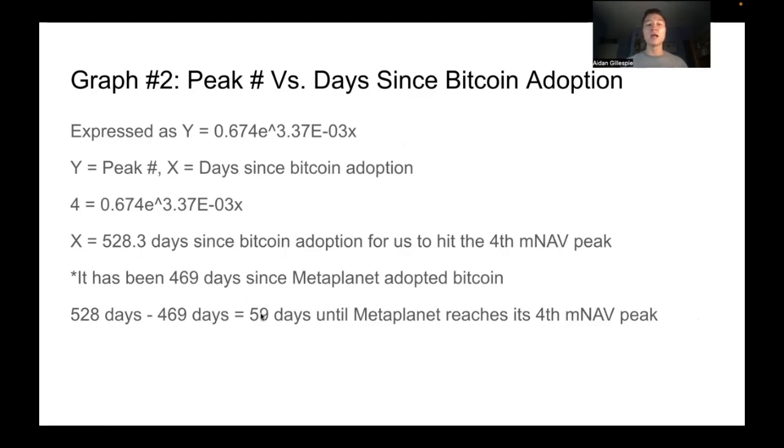Now that we know how many days it's going to take Metaplanet to reach its fourth MNAV peak, we'll be able to calculate what that expected MNAV number would be based on Model 1, because we will be using the 528 days, what we calculated X for, in the equation for Model 1 to calculate what the expected MNAV will be at the next MNAV peak.